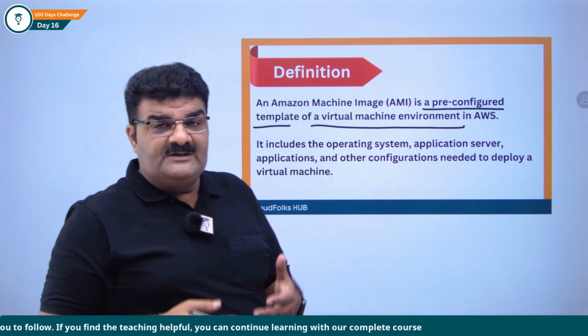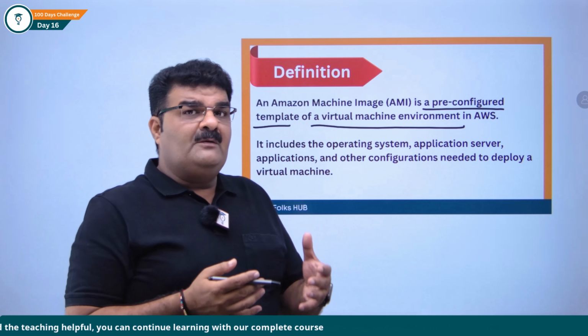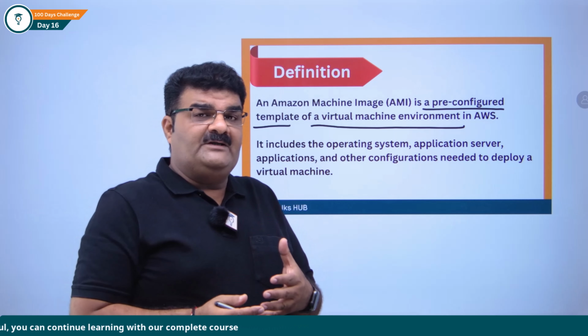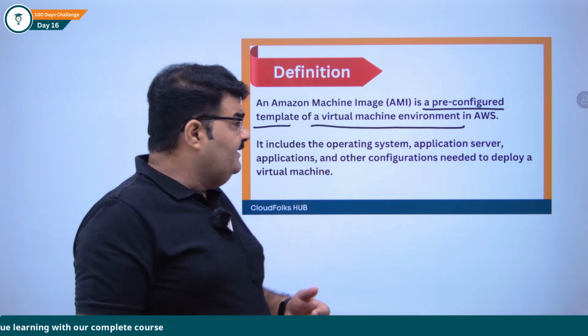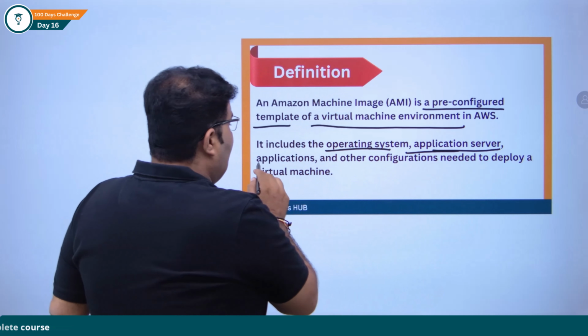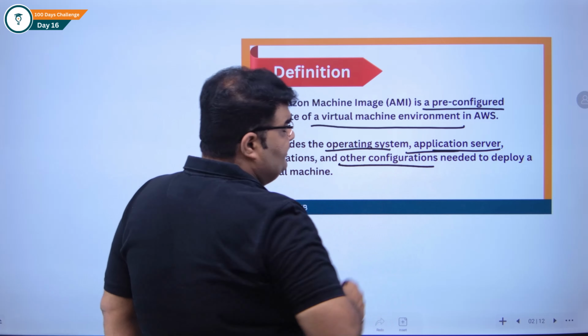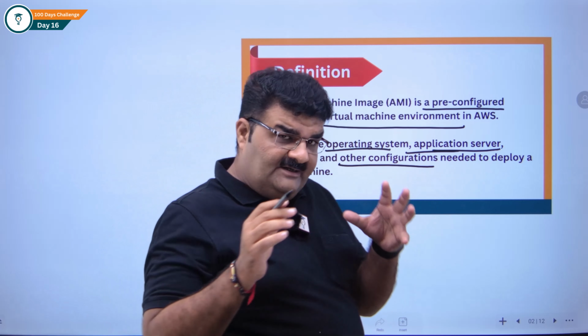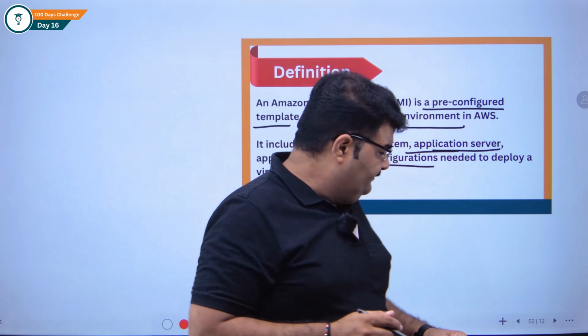Now, what is the meaning of this? If we talk about what an AMI contains, it is the operating system, application, server, and other configuration. Now, let's understand this concept properly.